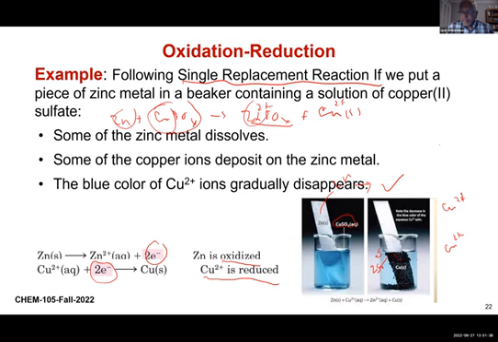Redox reactions are used for producing electricity, electrochemicals. Therefore, we had to come up with a way where the copper and zinc are separated and create two electrodes to harness the electricity.